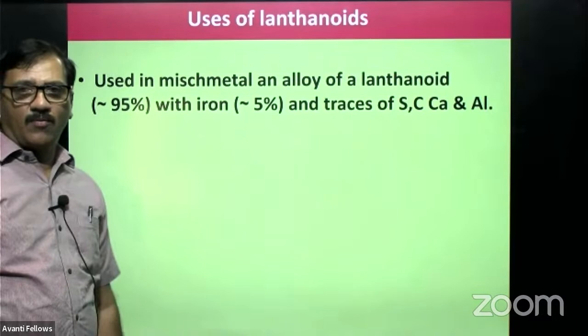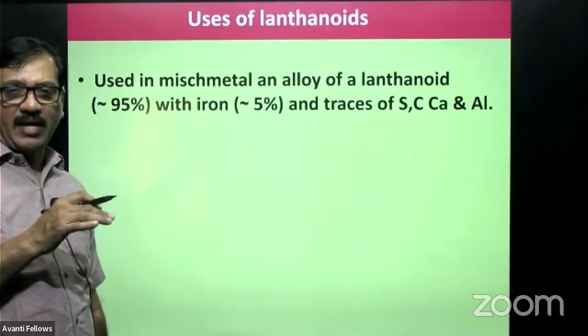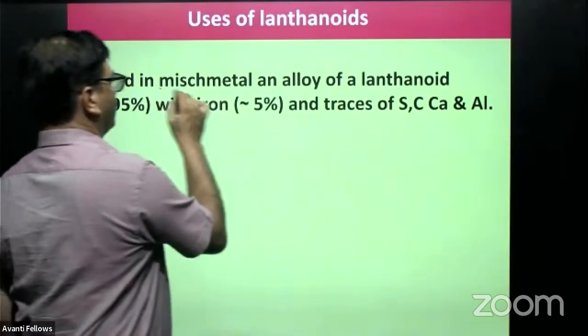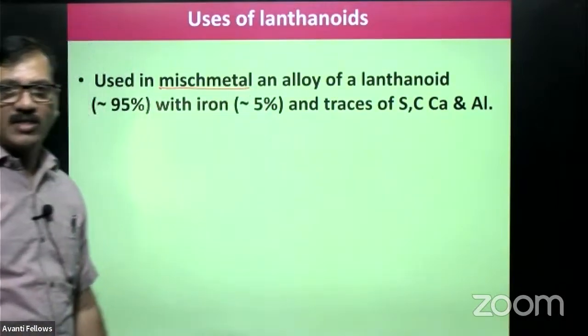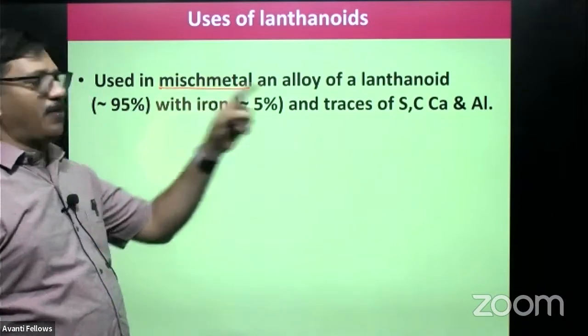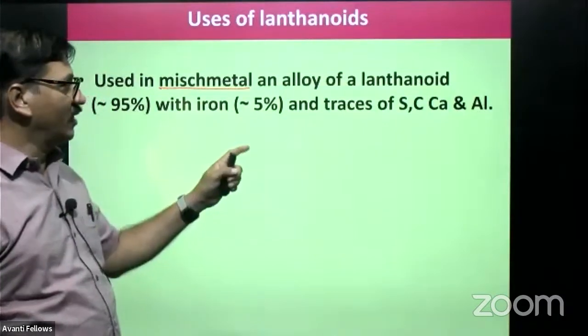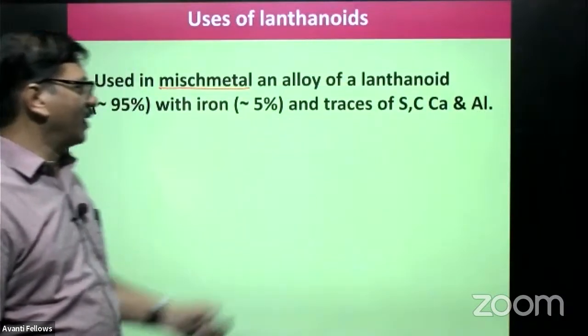There is one use: lanthanoids form an alloy called mischmetal. Mischmetal is an alloy of lanthanoids consisting of 95% lanthanoids and 5% iron, and traces of sulfur, carbon and so on.